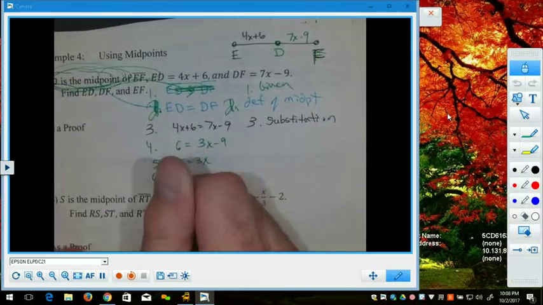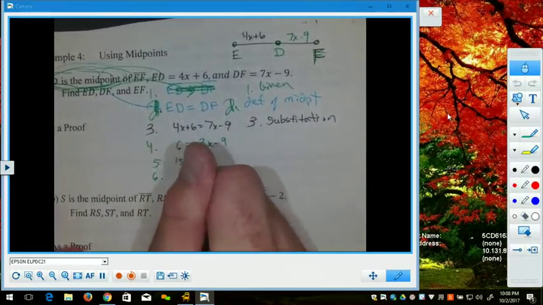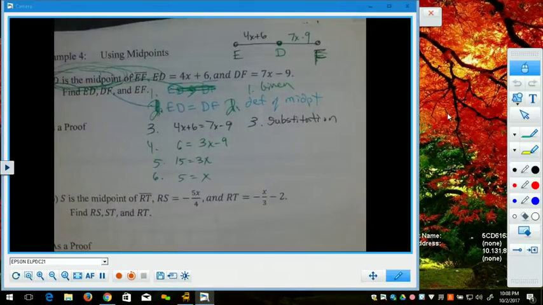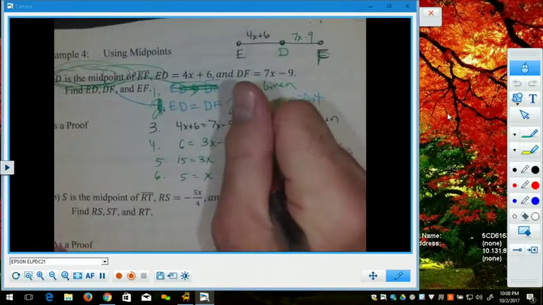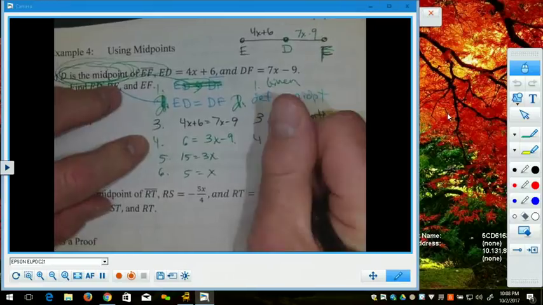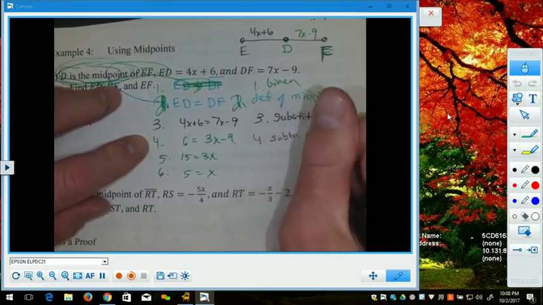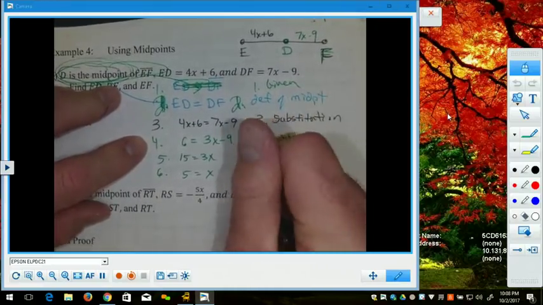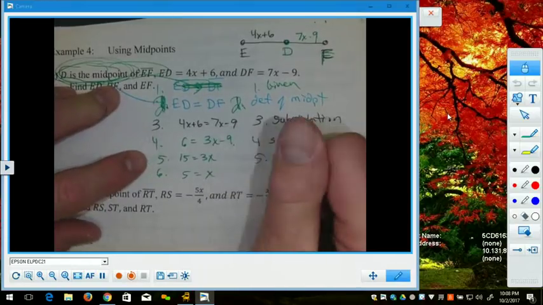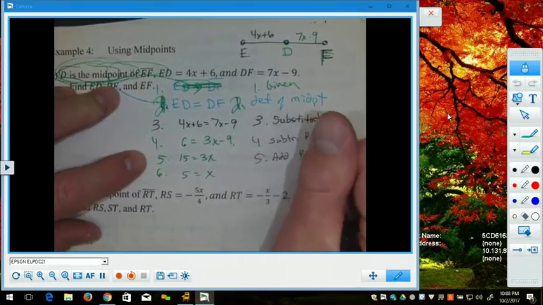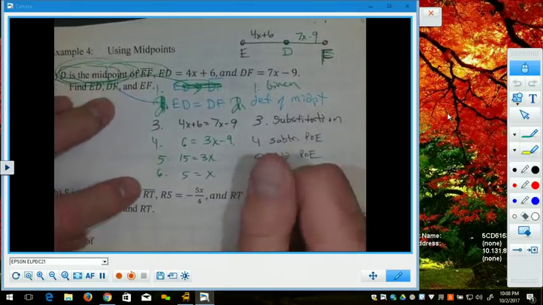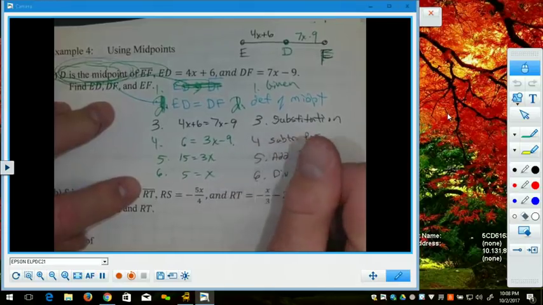And then I'm going to divide by 3, so I have x equals 5, or 5 equals x, actually. The reasons being, from here to here, I subtracted, so subtraction property of equality. And then from here to here, I added, so addition property of equality. From here to here, I divided, so division property of equality.